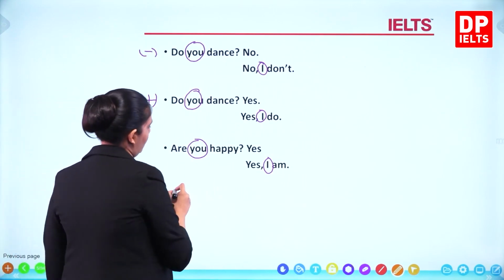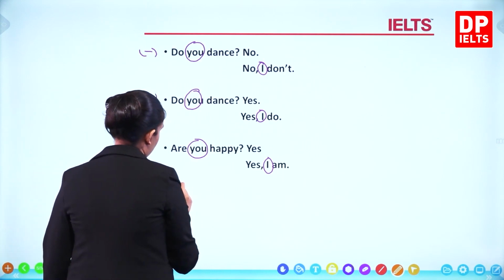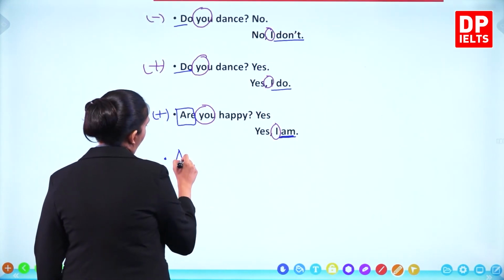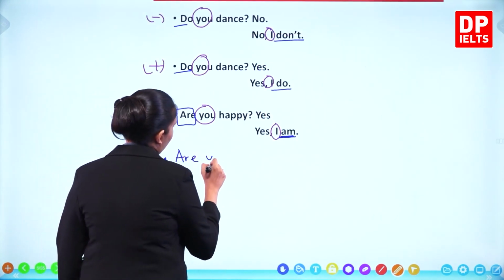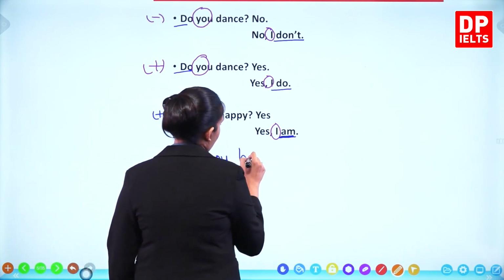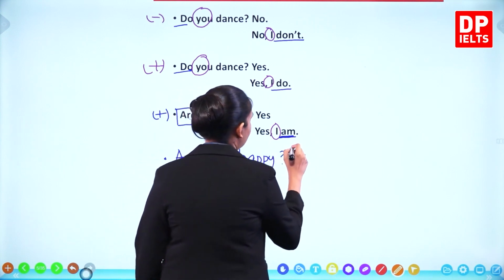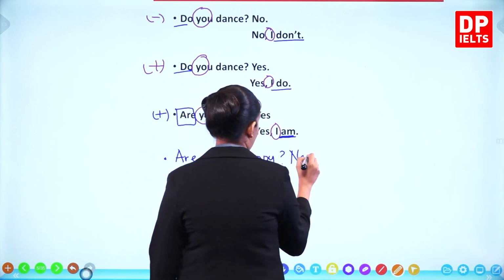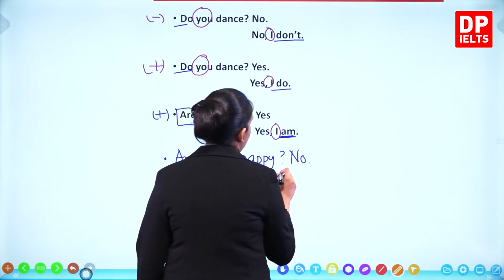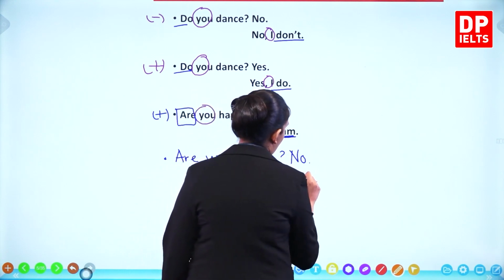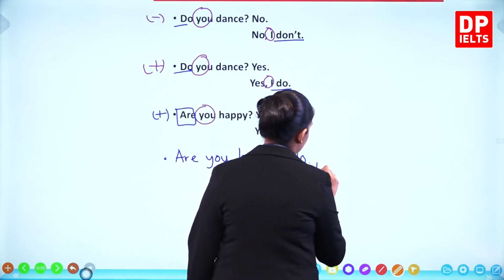And you can also have a look at the negative question tag and say, are you happy? The simple answer can be no. If you extend it a bit, you can say, no, I'm not.